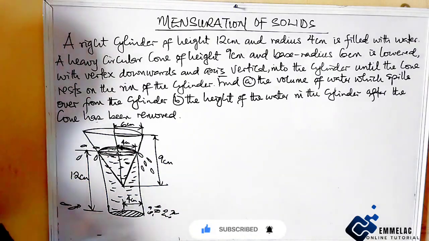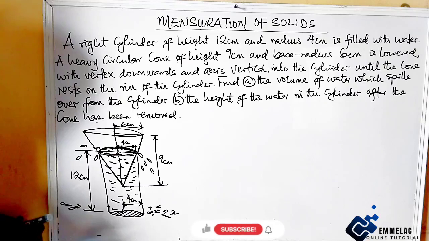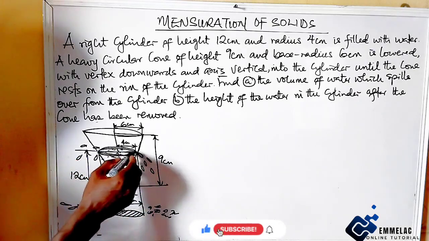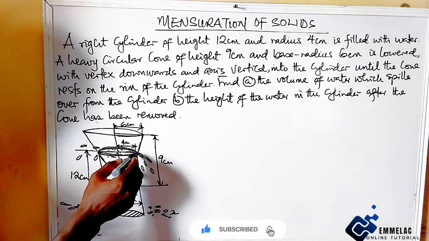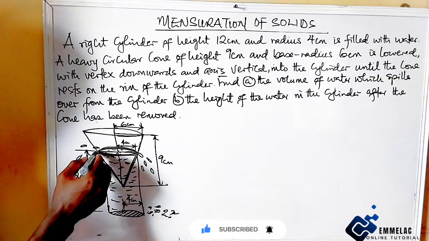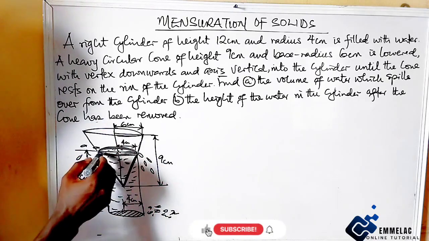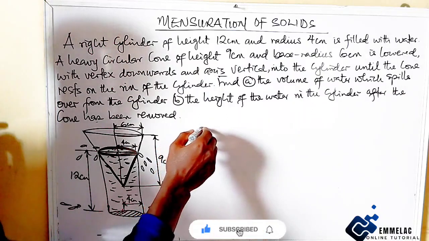All right, so for us to ascertain the water that spilled over, since this part of the cone was what caused the spillage, automatically this part of the cone takes the volume of water that spilled over. Yeah, so now let us draw this cone.